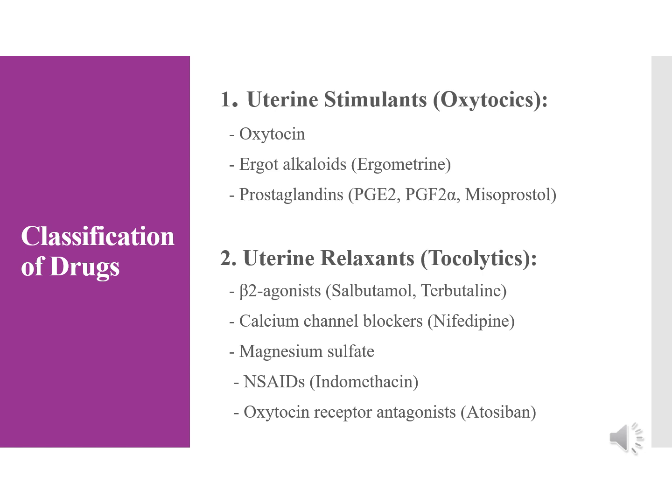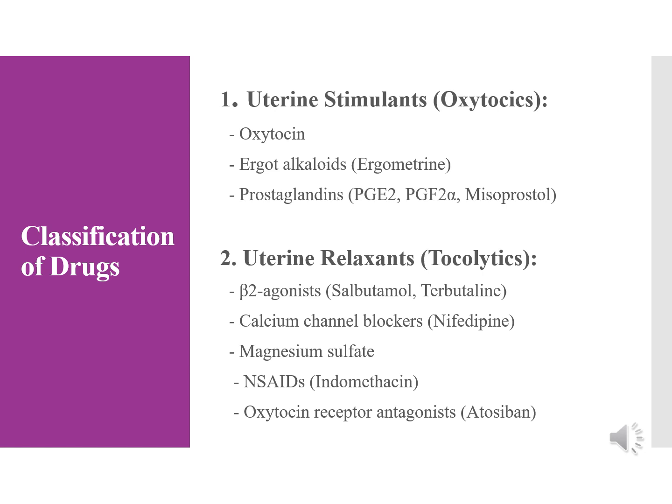Drugs acting on the uterus are classified into two types. The first type is uterine stimulants, which are also called oxytocics. This class includes oxytocin, ergot alkaloids, for example ergometrine, and third, prostaglandins, for example prostaglandin E2, prostaglandin F2 alpha, and misoprostol.